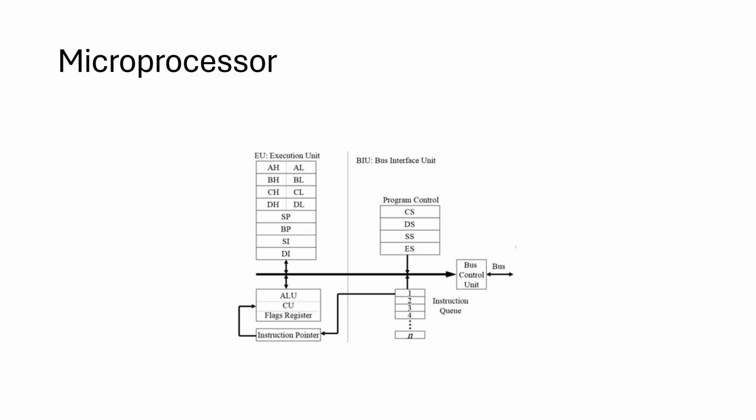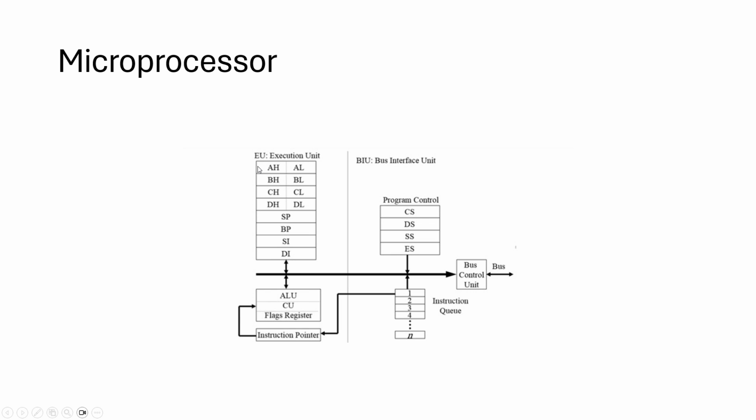So here in front of us we have the basic architecture of a processor. As you can see, this CPU is mainly divided into two parts: this part is the execution unit, and this is the bus interface unit.